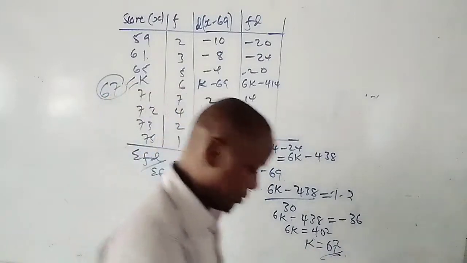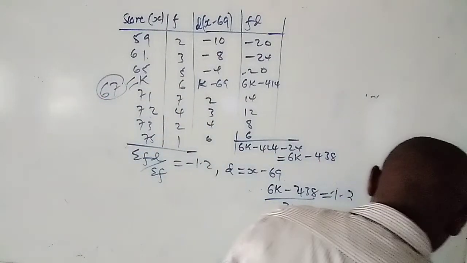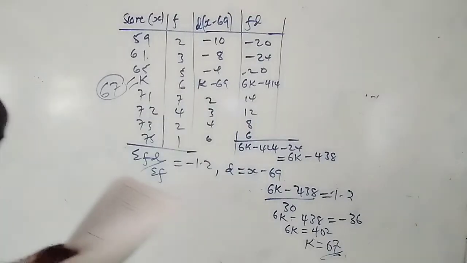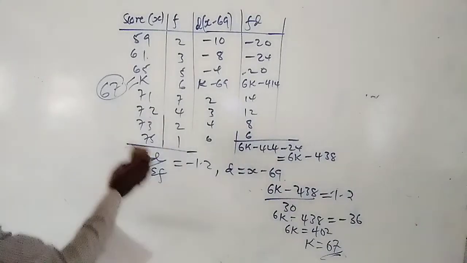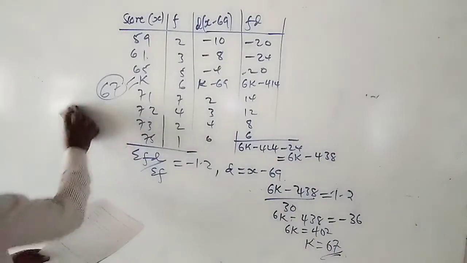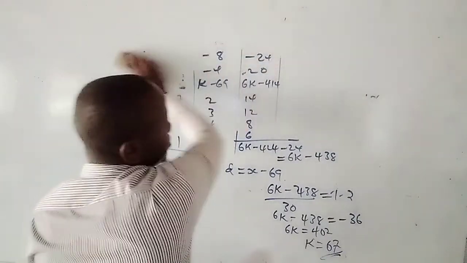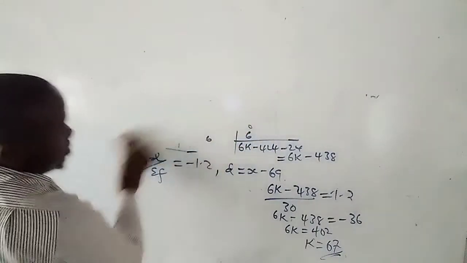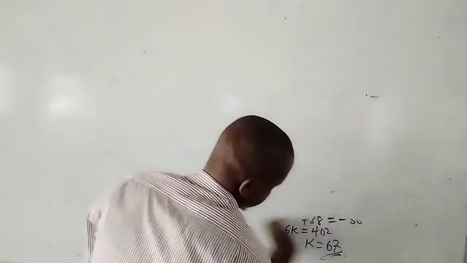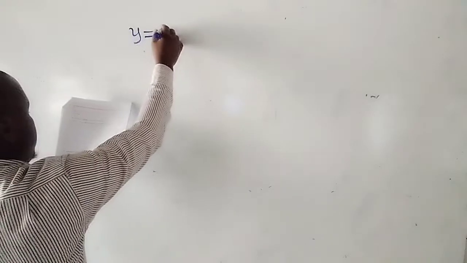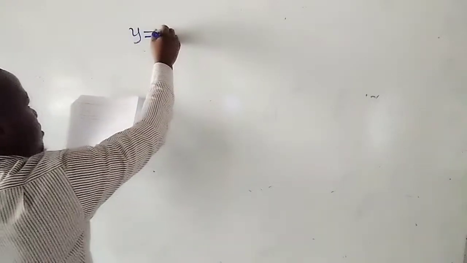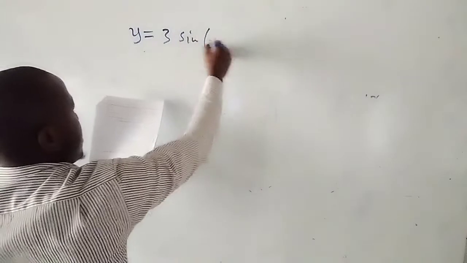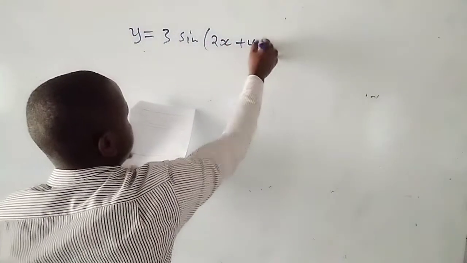Number 10. Find the amplitude and the period of the function. So we are given a function y is equal to 3 sine 2x plus 40.